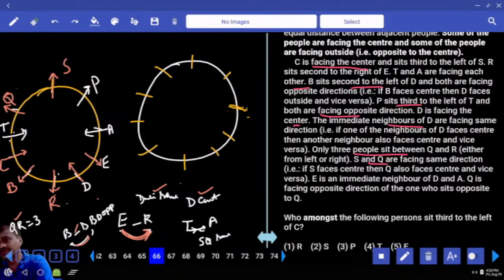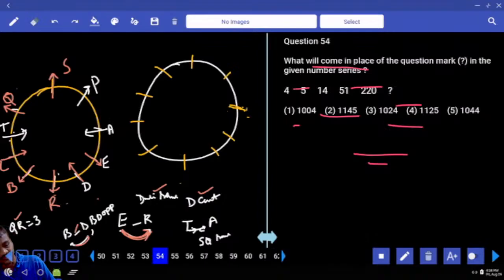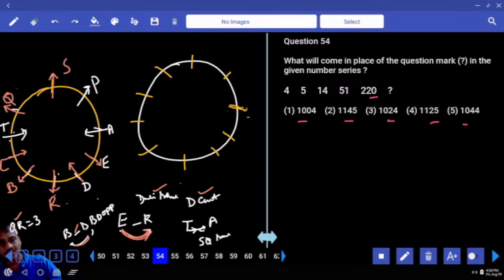Then anything left over in this paper? Number series. Question numbers 54 onwards. Now in this 54, the series is 4, 5, 14, and the numbers 1000, 1024 and so on. From 200 to 1000, at least 5 times they were increased.